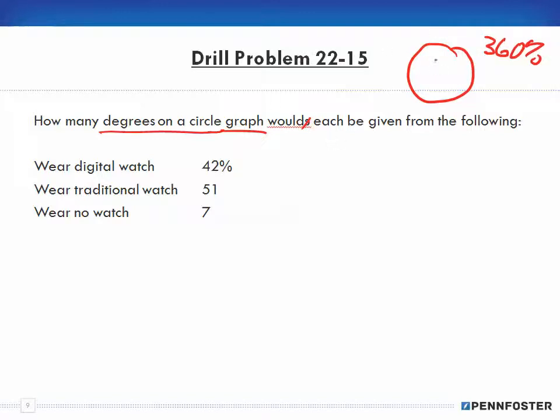So what we're doing here is chopping up that circle into 3 different sections: a digital watch, a traditional watch, and no watch. What would be the number of degrees for each one of those options? Here I have 42%, here I have 7%, and here I have 51%. When you add all of those up, they equal 100%.